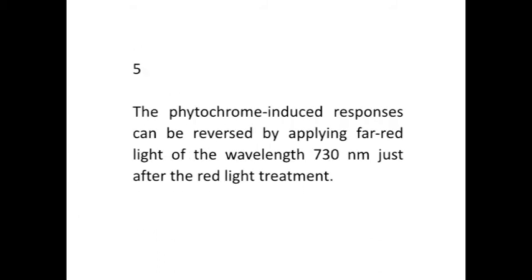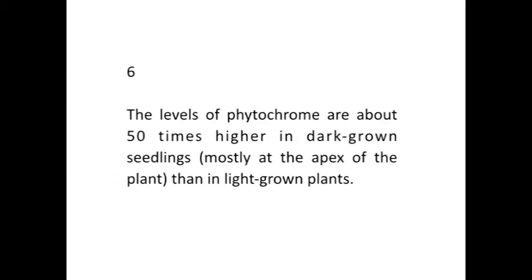The phytochrome-induced responses can be reversed by applying far red light of the wavelength 730 nanometer just after the red light treatment. Next, the levels of phytochrome are about 50 times higher in dark grown seedlings, mostly at the apex of the plant, than in light grown plants.